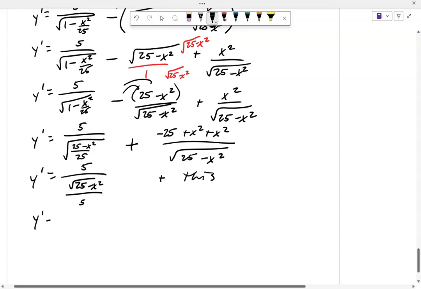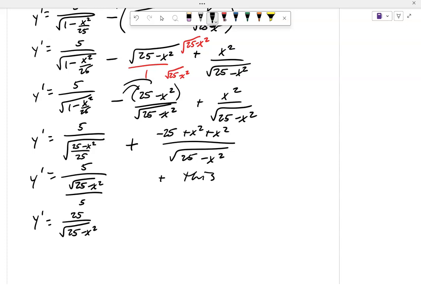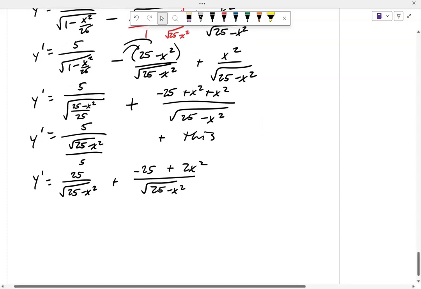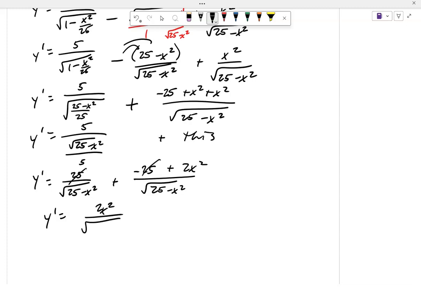So this y prime, once I multiply by the reciprocal, I'll have 25 over the square root of 25 minus x squared, plus negative 25 plus 2 of those x squareds, all over the square root of 25 minus x squared. Now they're all over that common denominator, so I got 25 minus 25, those will be gone. I'm just left with 2x squared over the square root of 25 minus x squared.